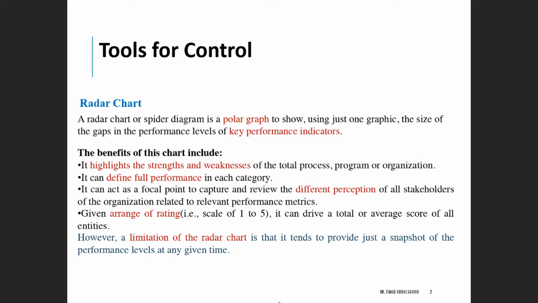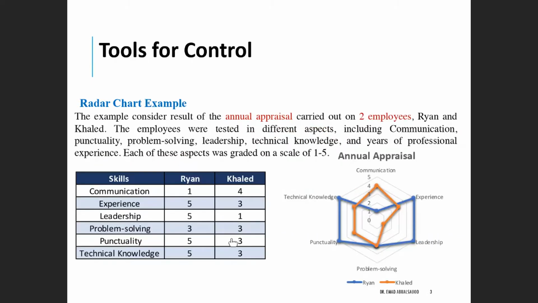Let's see an example. It's very simple. This is an example of an annual appraisal carried out for two employees, Ryan and Khalid. The annual appraisal, اللي هو التقييم السنوي, is being conducted based on the criteria given here.